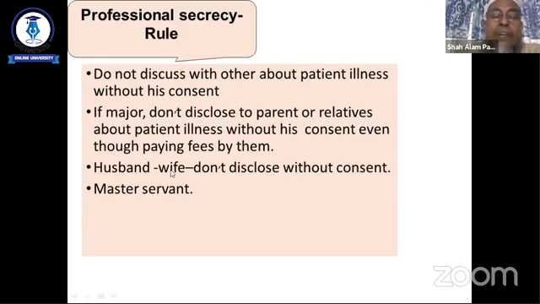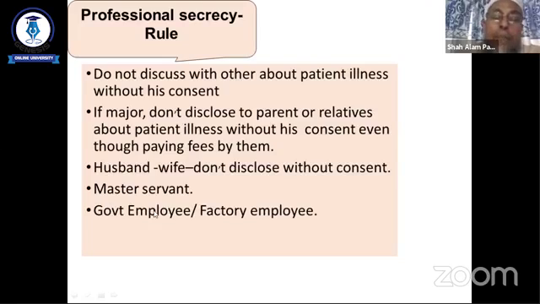Husband and wife: if the husband pays you for the wife, don't disclose without consent, either the wife's confidence to the husband. Exactly, master and servant is the same.